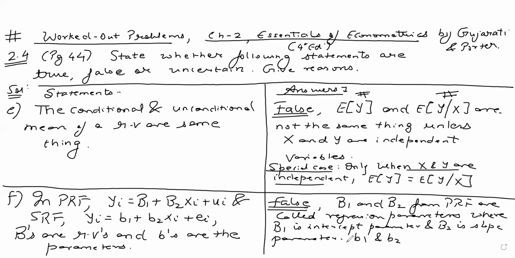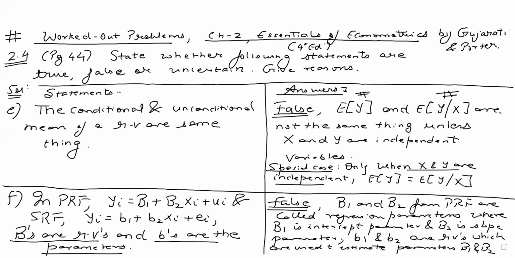And small b1 and small b2 are the random variables which are used to estimate the parameters capital B1 and capital B2. So it's actually the reverse. The question is saying that capital B's are the random variables and small b's are the parameters. Your answer is that capital B1 and capital B2 are the parameters, but small b1 and small b2 are the random variables.